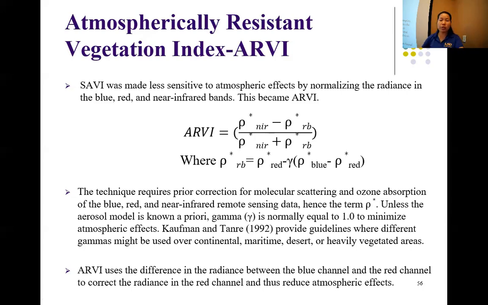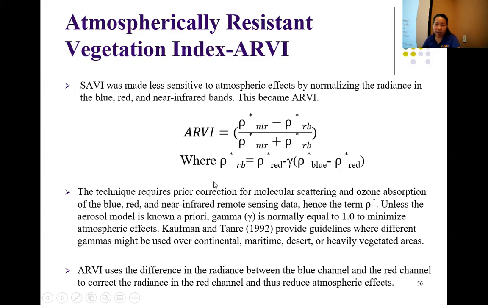Unless the aerosol model is known a priori, gamma, this parameter over here, is normally equal to 1.0 to minimize atmospheric effects. So basically, unless you already have a known value for that day, then to simplify the application you can just give gamma the value of 1. In this equation over here, they have this RB.